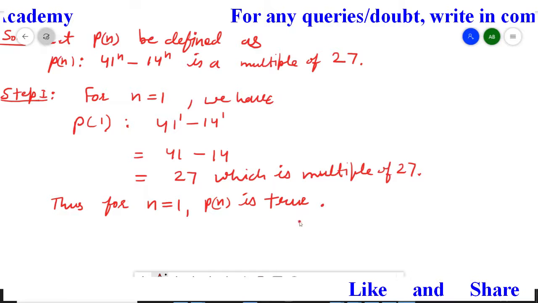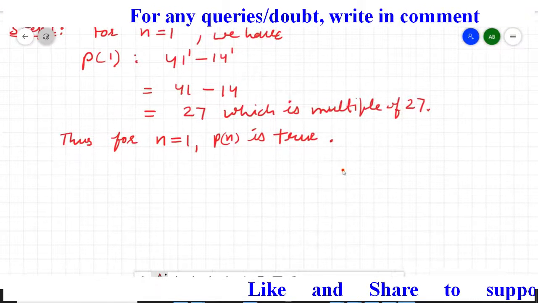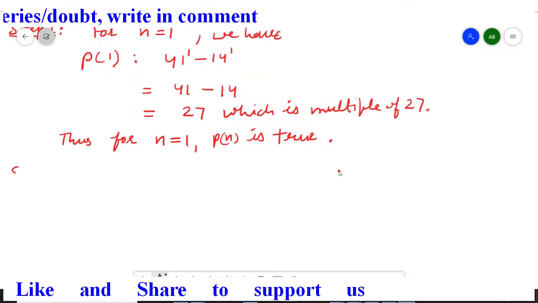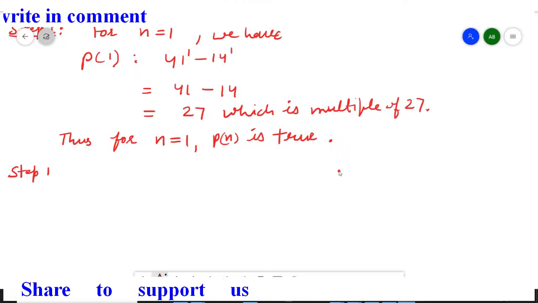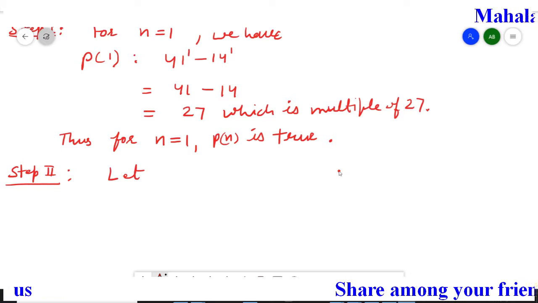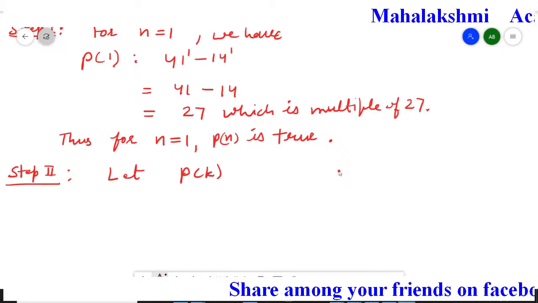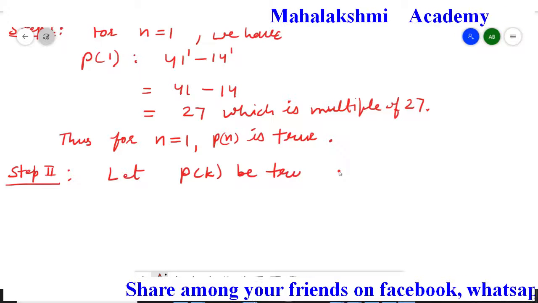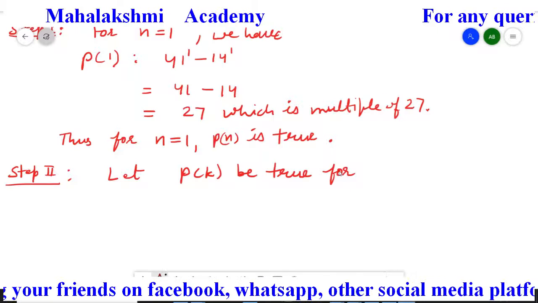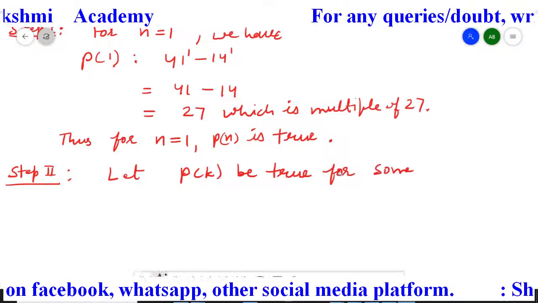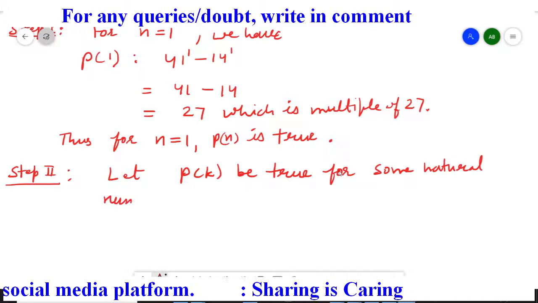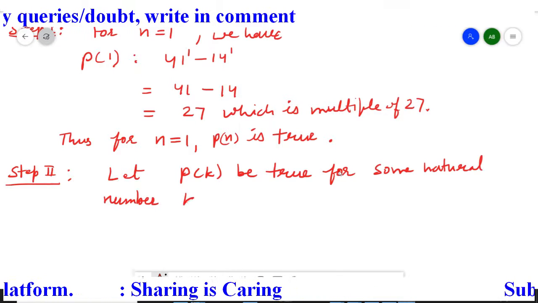Now we move to the second step of the principle of mathematical induction. In that, for n equal to k, we have to assume the statement is true. That is our assumption. We do not have to prove that. So in step second, we will write down here: let Pk be true for some natural number k.